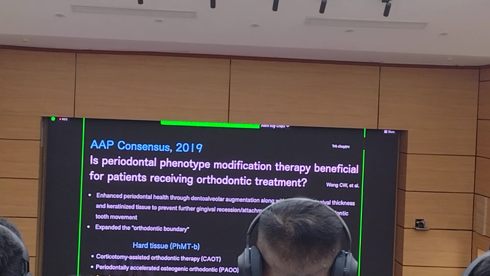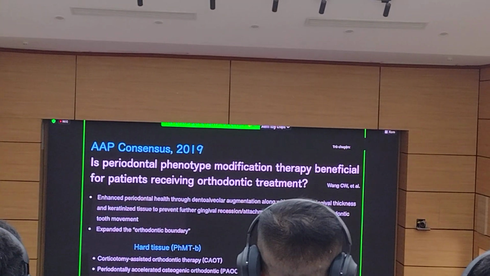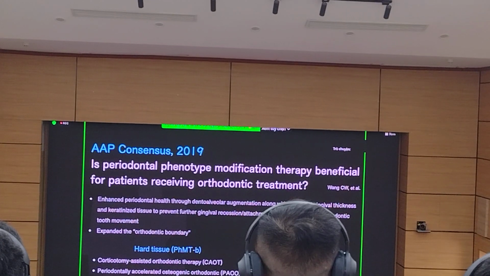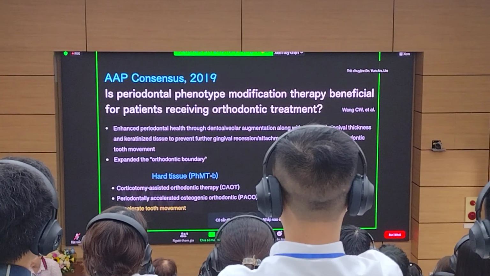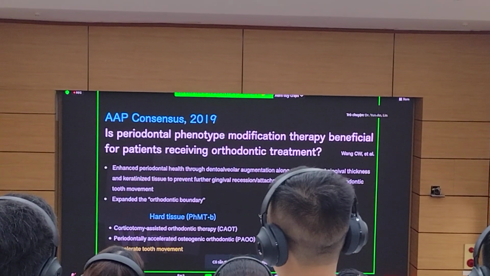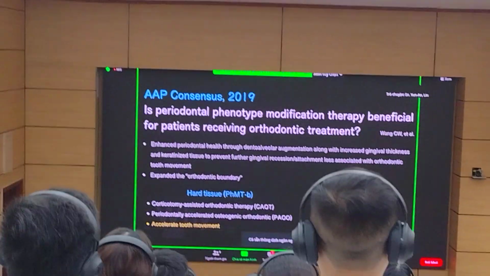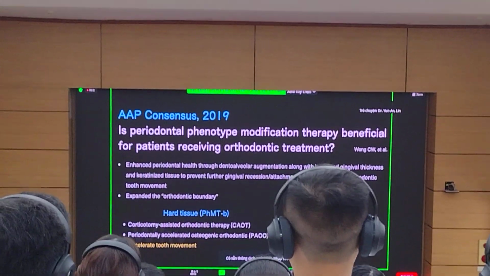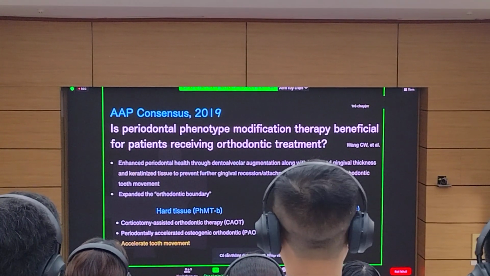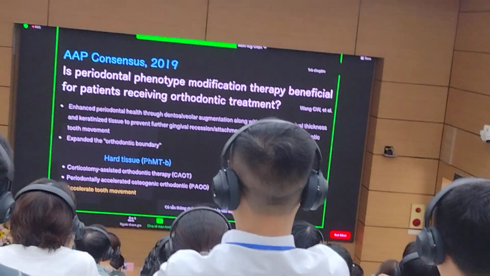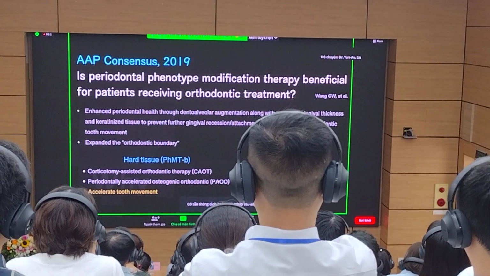As a result, in the AAP consensus published in 2019, it mentioned that the increased gingival thickness and keratinized tissue after performing phenotype modification can make the periodontal condition more stable after the orthodontic tooth movement, and furthermore expand the orthodontic boundary. Also, phenotype modification with bone grafting can accelerate tooth movement. But phenotype modification with only soft tissue augmentation remains undetermined because there are limited studies available.